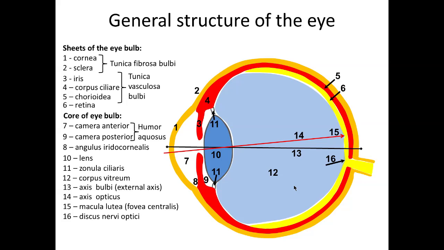This discus nervi optici has no receptor cells, and that's why this place also called as blind point of retina. If the light wave meet this place on retina, we can't see nothing. It's very interesting.